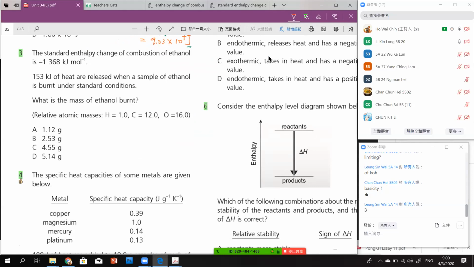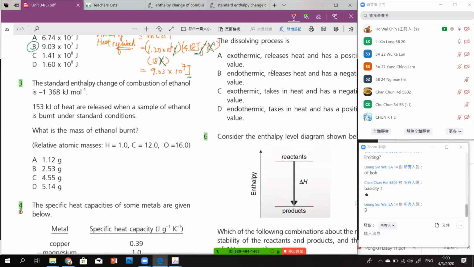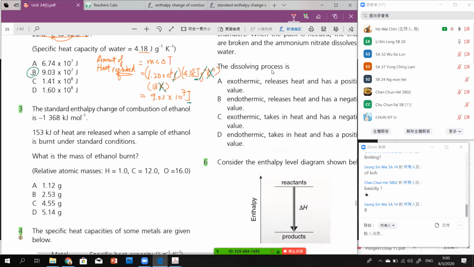The standard enthalpy change of combustion of ethanol is this. 153 kilojoule of heat are released, okay, given out. When a sample of ethanol is burned under standard conditions, what is the mass of ethanol burned? So you are going to come up with the number of moles of the ethanol burned.